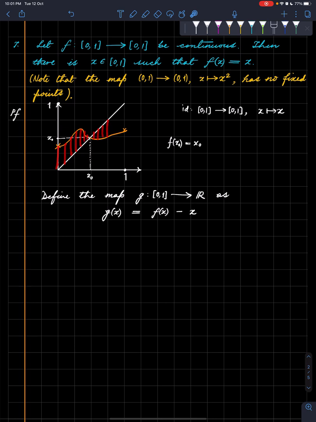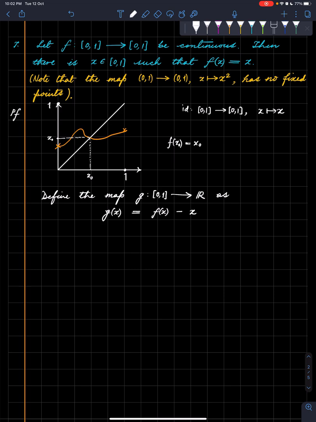In this particular figure, we are recording this value. So at a point x, this is what g returns, this length with sign. Here g will return negative, because f of x is smaller than x. Here g will return positive. So forget about the picture. The proof will not make reference to the picture, but one needs to reinforce understanding by the picture.